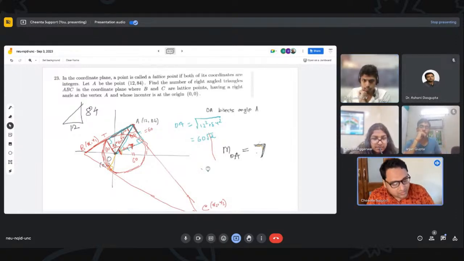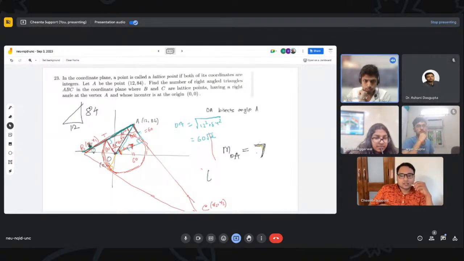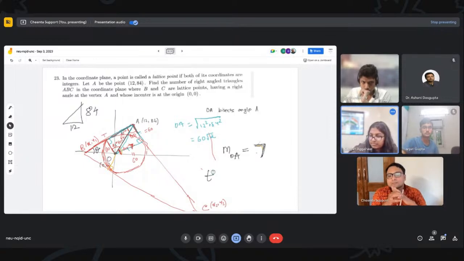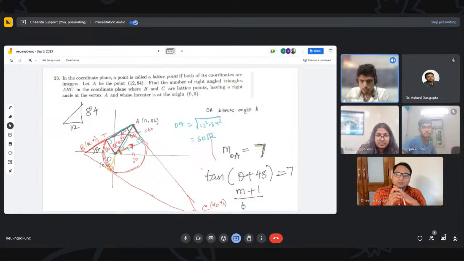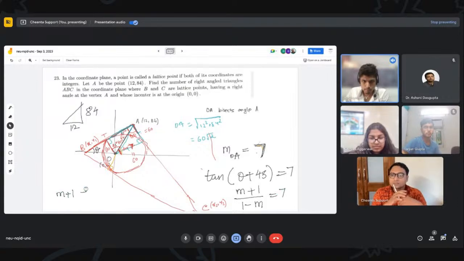Suppose this is theta, then tan of theta plus 45 is 7. So tan theta plus tan 45 by 1 minus tan theta into tan 45 is 7. m plus 1 equals 7 minus 7m. 8m is 6, so m is equal to 3 upon 4.